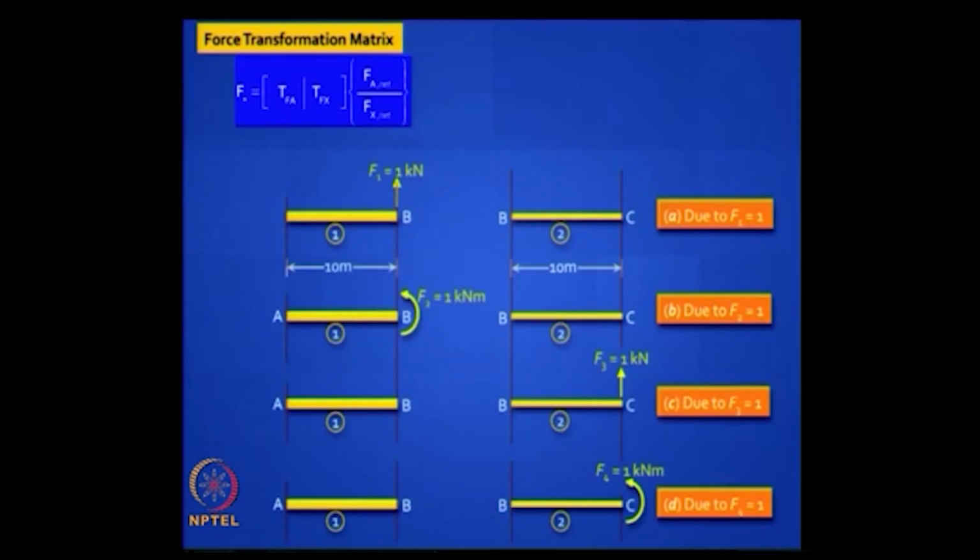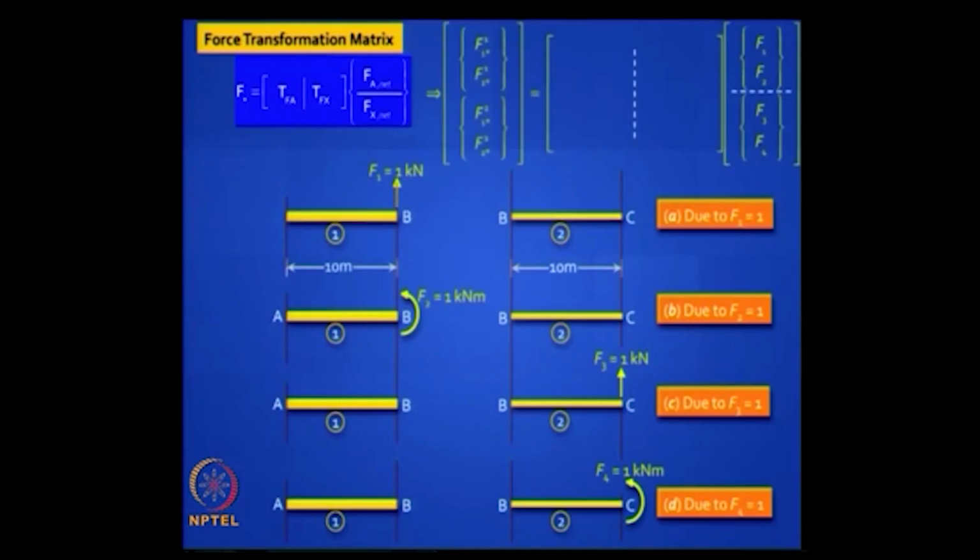Can you write down for this example the force transformation matrix? Okay. You have to apply a unit load one at a time. Let me help you. You have to fill in this matrix which I have left blank there, right. There are only two elements.